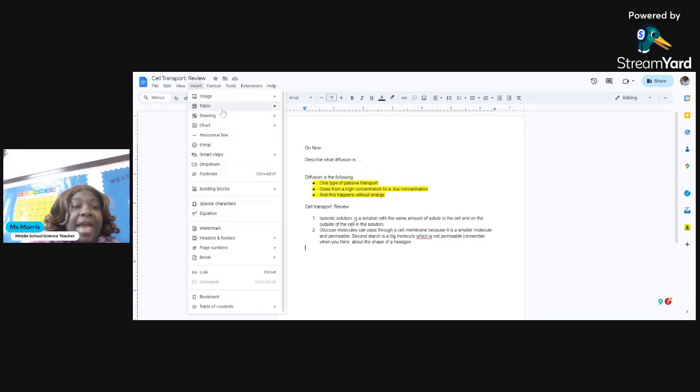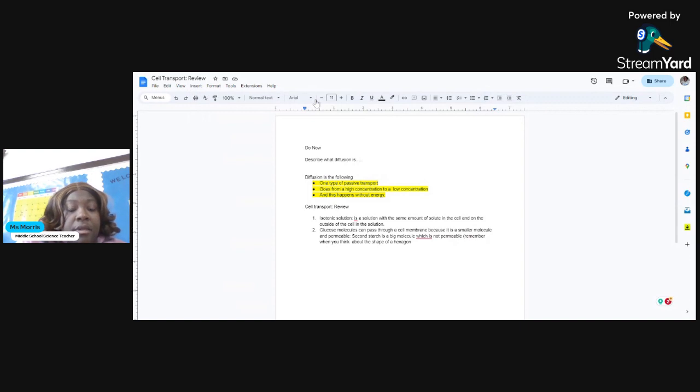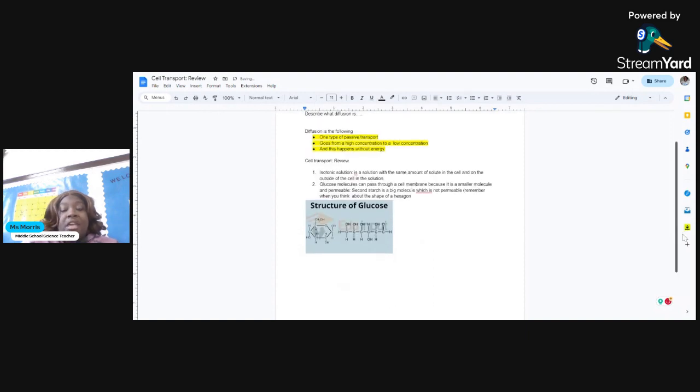We're going to insert an actual picture, an image, and we have glucose. All right, there we go. That is what it actually looks like, okay? And then you'll have your picture of starch so you can actually know what it looks like.